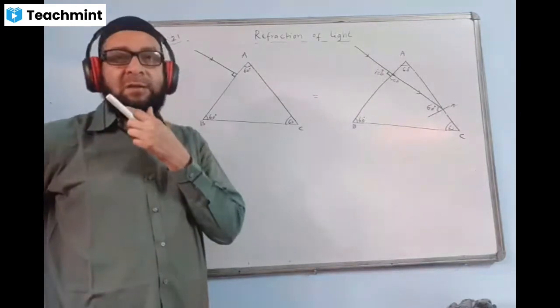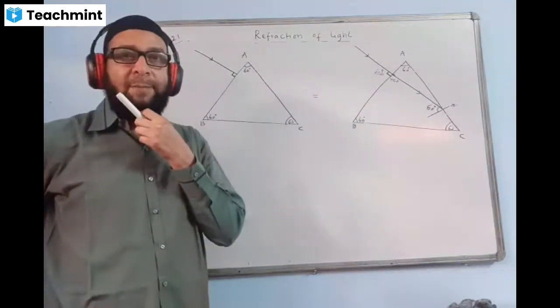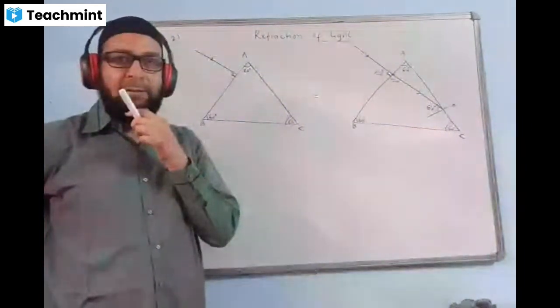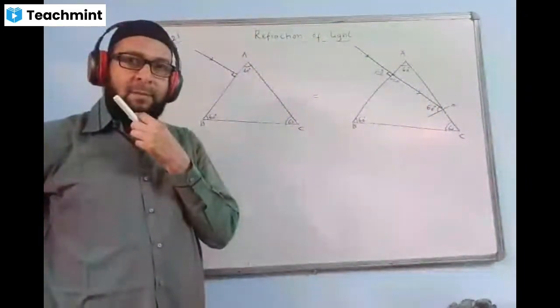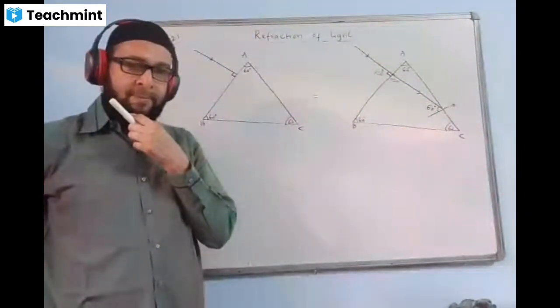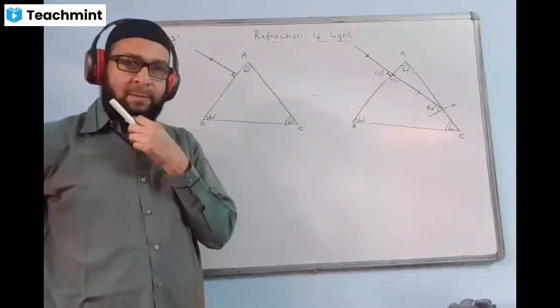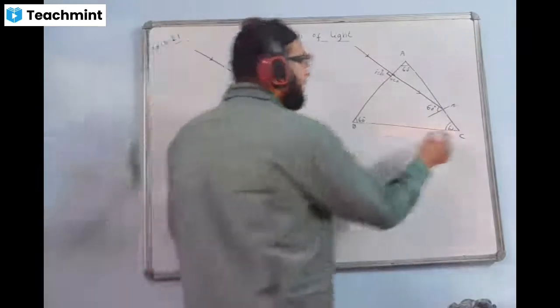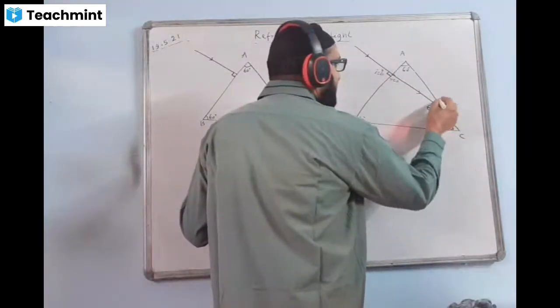That is, the angle of incidence will be 0 degree, right? Now, what will happen there? The ray will be going which way? Away from the normal or going straight? What will happen? It will go straight. Very good.